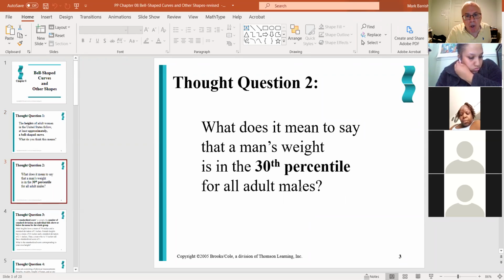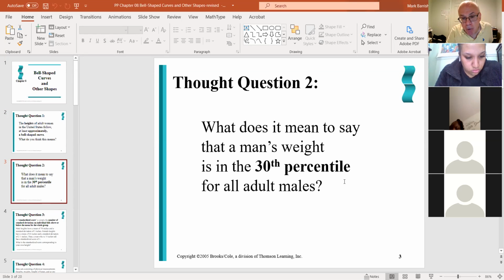Okay. What does it mean to say that a man's weight is in the 30th percentile for all adult males? Well, the idea of percentile, you might have seen this before. The 30th percentile means that 30% of the males weigh less than whatever this number is.